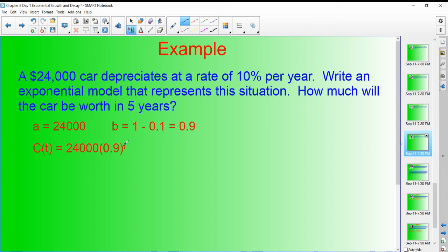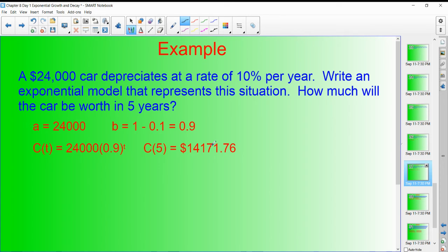And I'm going to use t here, and I'm going to use c for the cost, or what the car will be worth. You can use any variable you want. So some of you are going to use y and x. I'm going to use the variables that tell me what I'm solving for. So that's the model.